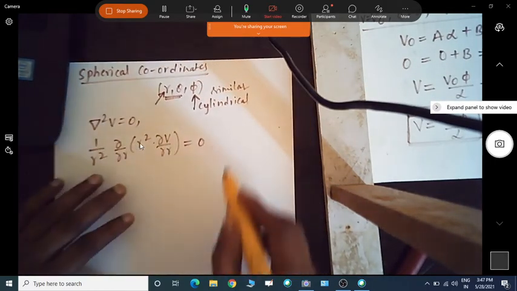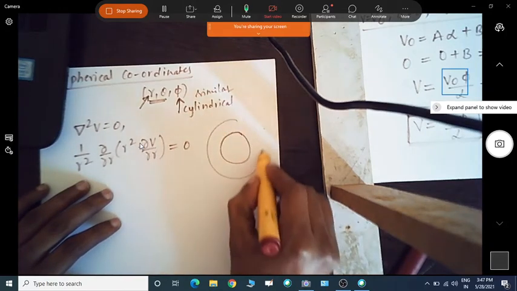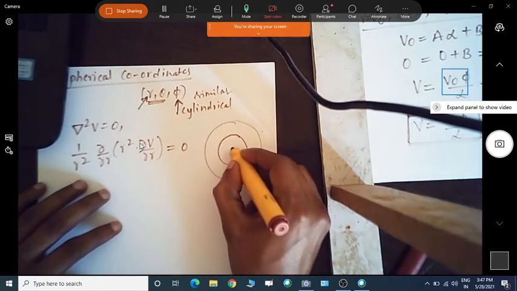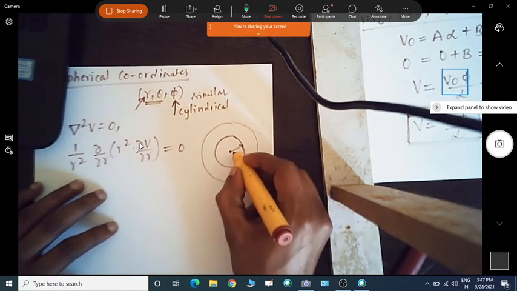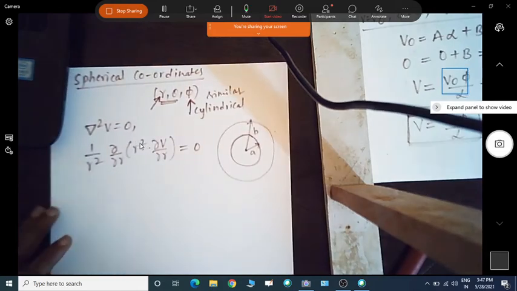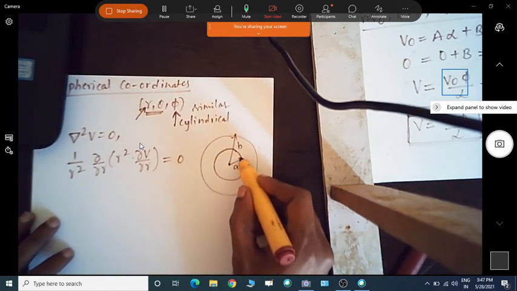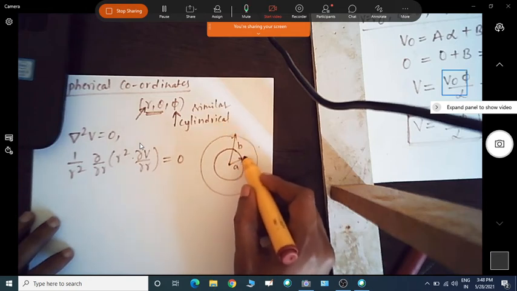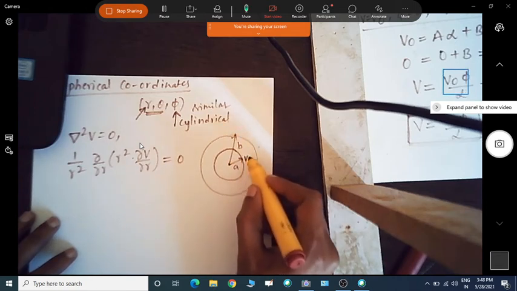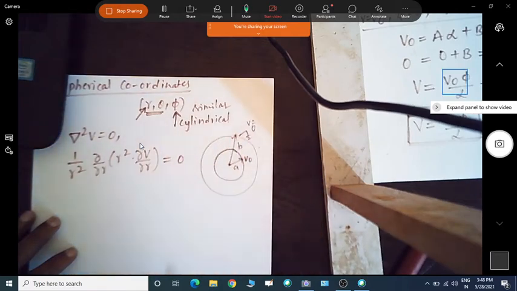Okay, so here the problem looks like two spheres at different radii, that is r equal to a and r equal to b. So let us take the boundary conditions later. If I take r equal to a, it may be some potential v naught, and r equal to b, if we ground it, that will be v equal to 0.